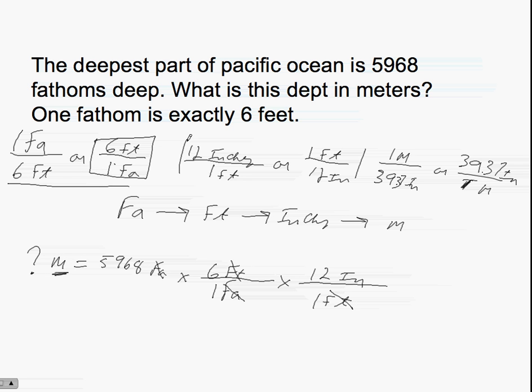And again, from our relationships, we have two options. We want the relationship that will cause whatever we have in the numerator to cancel out. Since we stopped in feet, we want feet to cancel out, so whatever conversion we use has to have feet in the denominator.